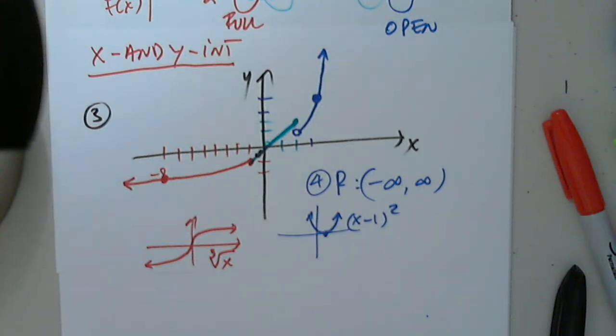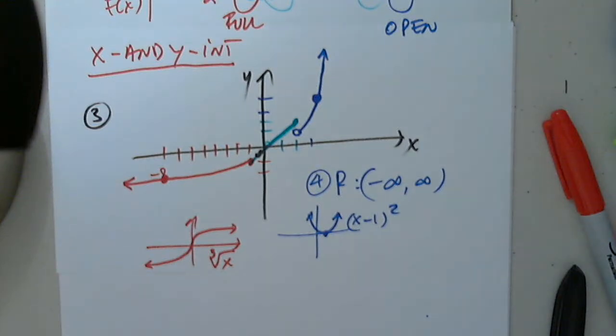Other questions? Anything else? It also asked for number 12. It said determine the values of a for which the limit exists. So sketch the graph of the function, determine the values of a for which the limit from either side exists.